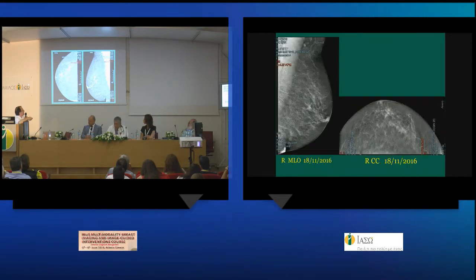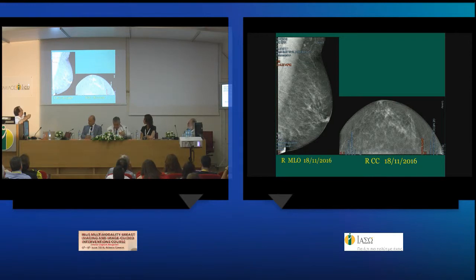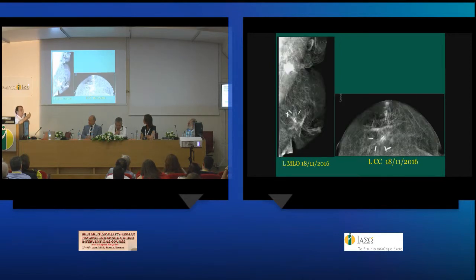It's the right. In November 2016, also negative. But maybe here it's not an appropriate exposition of the breast because it's not the axillary tail. There's a technical failure. Here, in November, another.